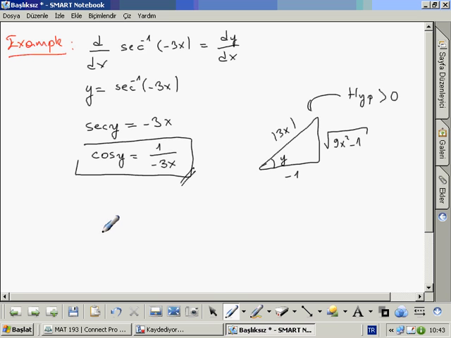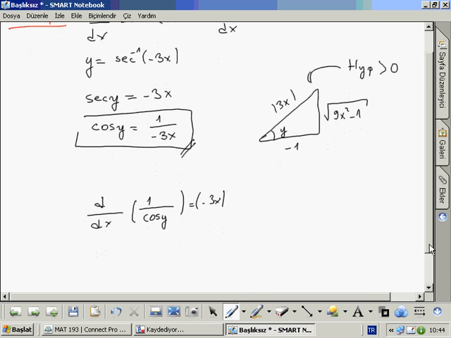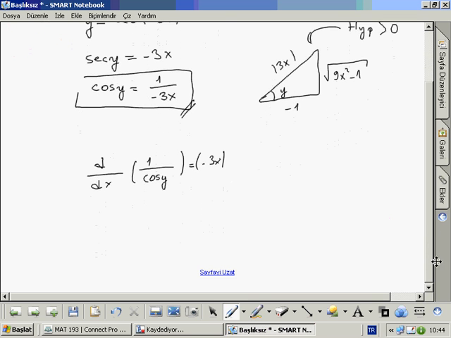After that, del over del x of 1 over cosine y equals del over del x of minus 3x.